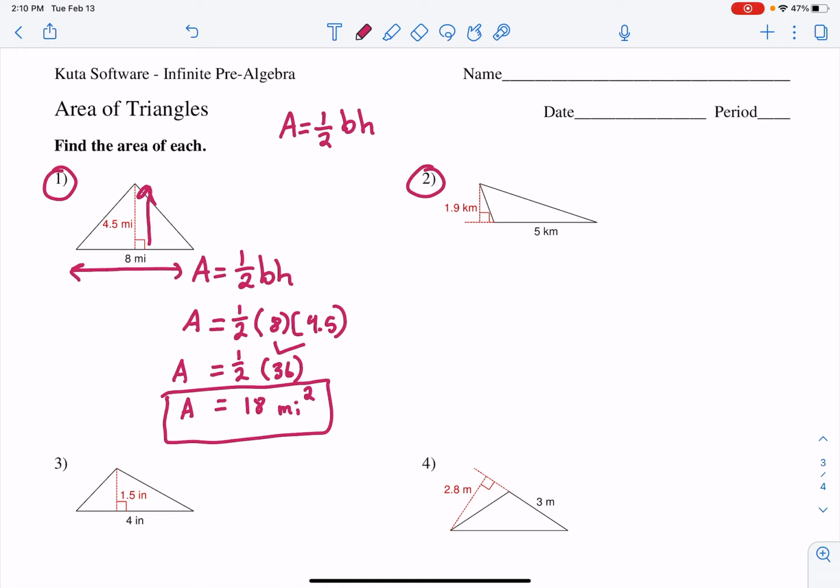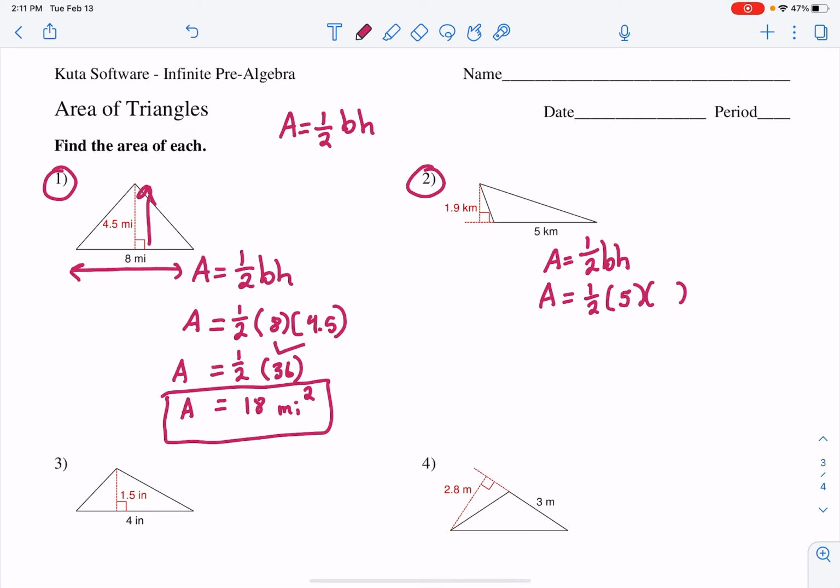Let's look at number 2. So on number 2, starting off with writing our formula. Formula for the area of a triangle is A equals 1/2 BH. Let's substitute in what we know. Okay, we've got the base and the height of our triangle. And I'm going to look at my little right angle here. So my base is 5 and my height is 1.9.